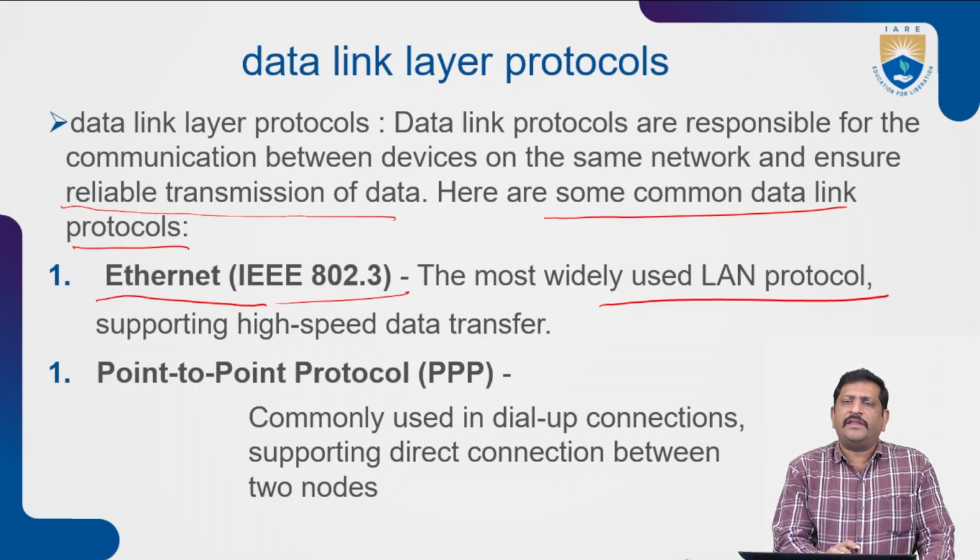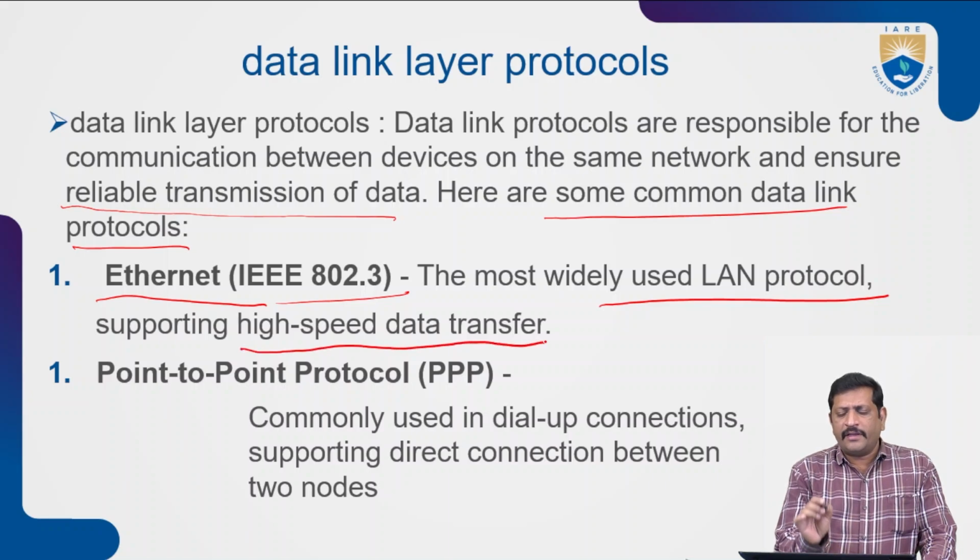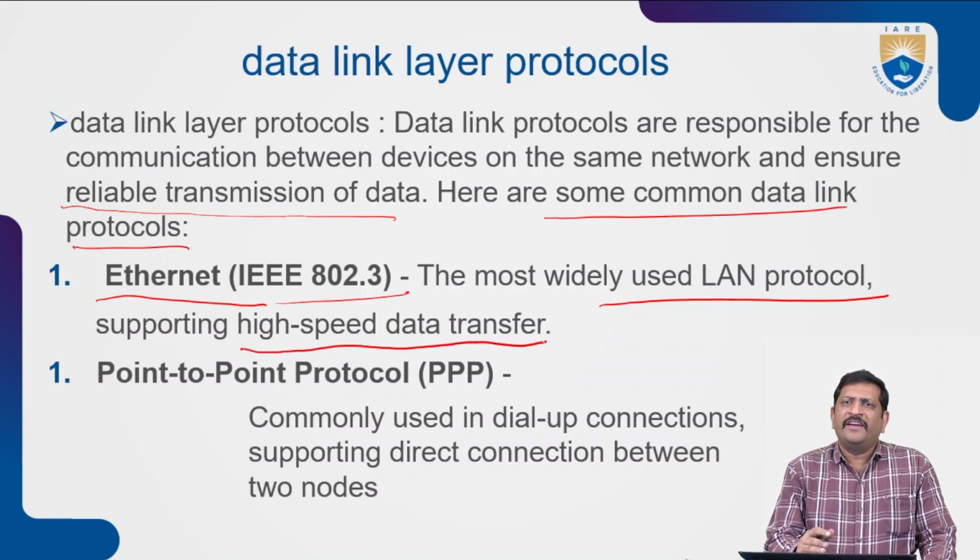With the help of the IEEE 802.3 protocol, the data transfer rate can be increased. That means it supports a high data rate, and data will be transferred at high speed. Why? Because the data link layer protocols optimize the bandwidth.